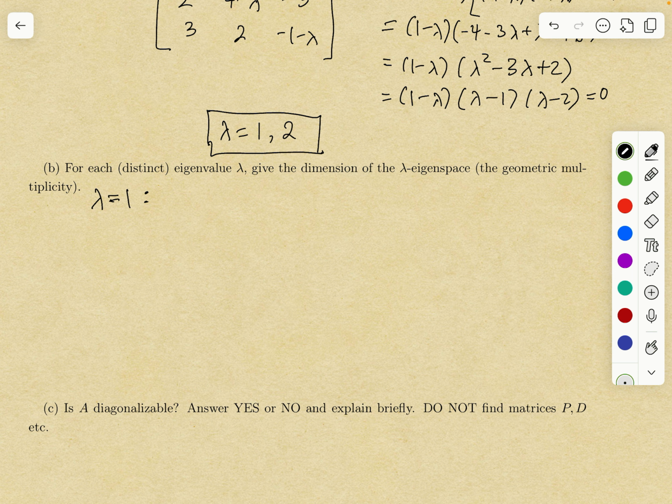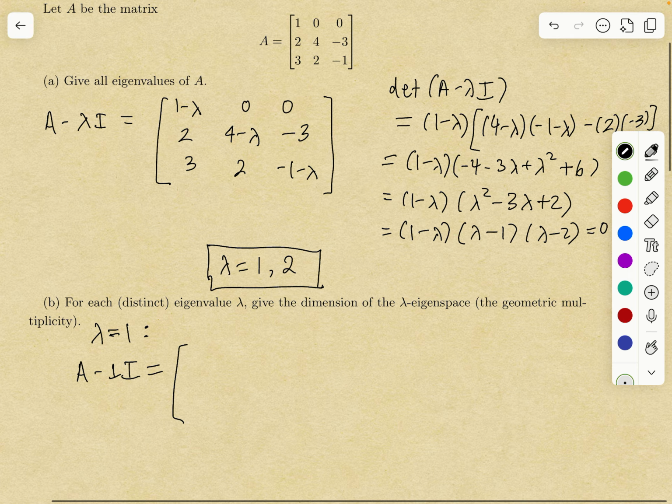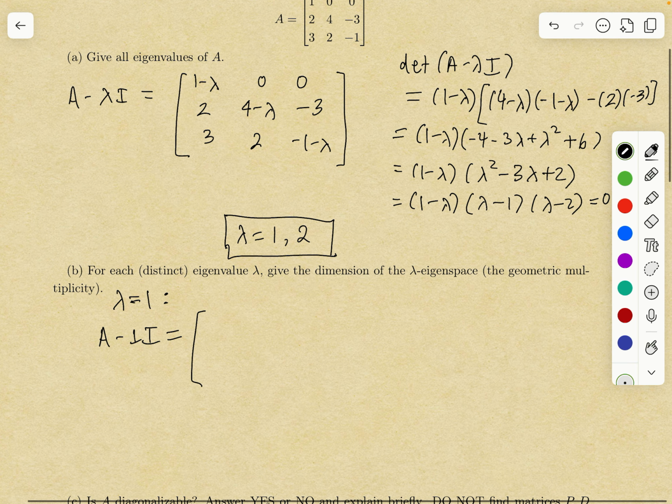The lambda eigenspace is the same as the null space of A minus lambda I. So I'm trying to find the dimension of the null space of A minus lambda I. A minus 1 times I: I subtract 1 on the diagonal, so I get 0, 0, 0; 2, 3, -3; 3, 2, -2. Let's just double check. Yeah.